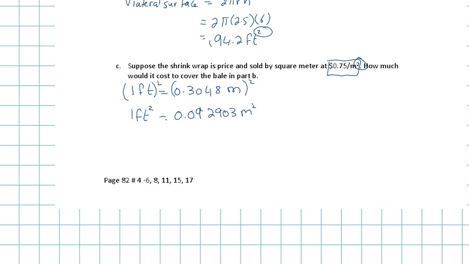Okay, now I have 94.2 square feet. Where do I put that? The 94.2 square feet, where do I place it? Under the feet squared. And now what do I do? Cross multiply.